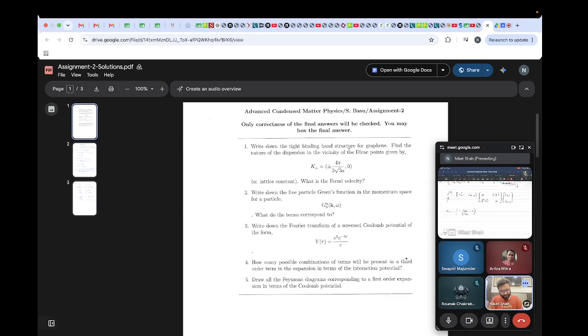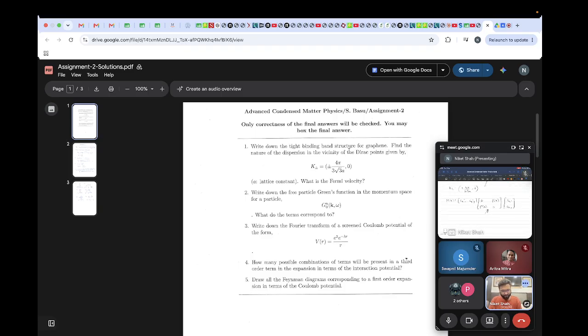For that I'm just rewriting this. I normally have to solve the eigenvalue equation for this matrix, which will give me the band dispersion, right?